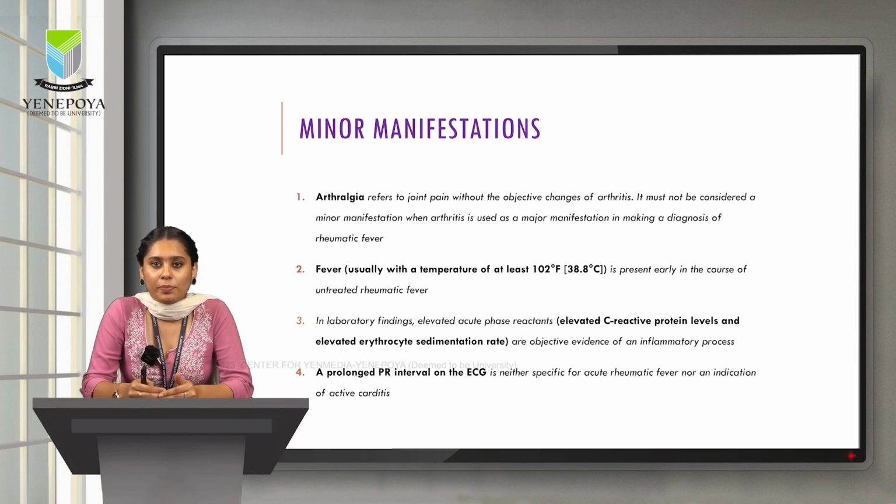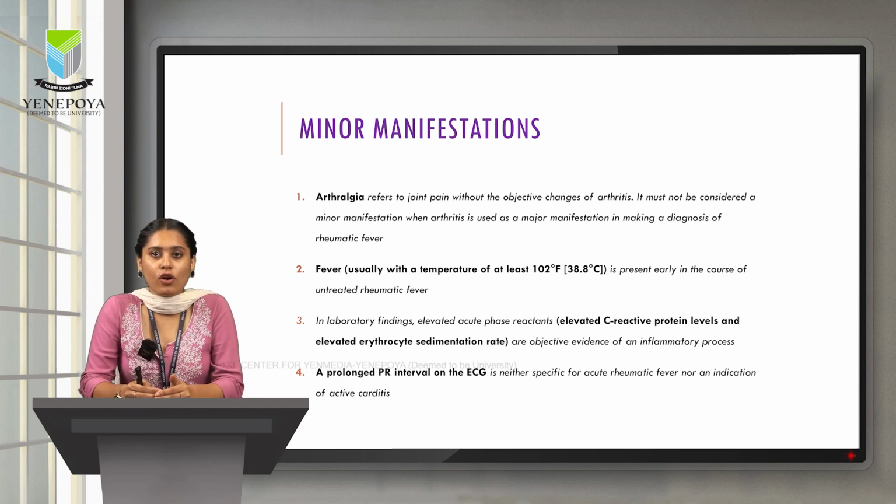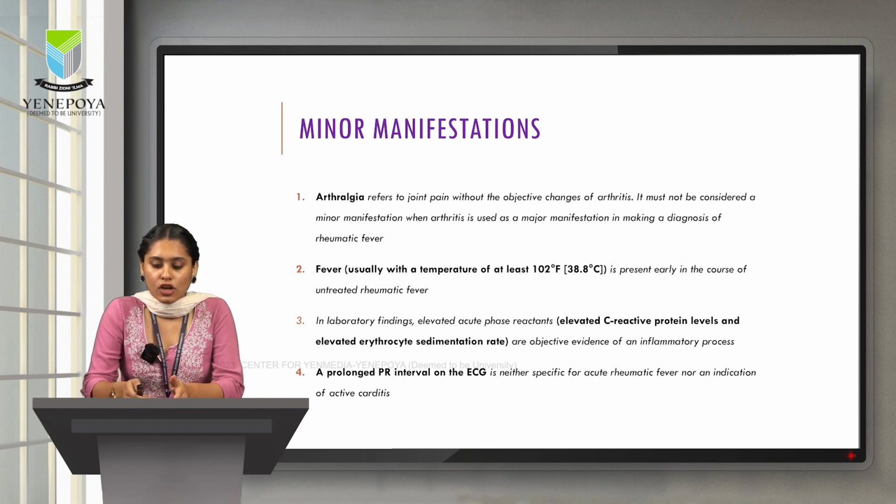Then a prolonged PR interval on an ECG is neither specific for acute rheumatic fever nor an indication of active carditis. So it can be present, but you cannot completely rely on the prolonged PR interval. It is not very indicative of rheumatic fever.